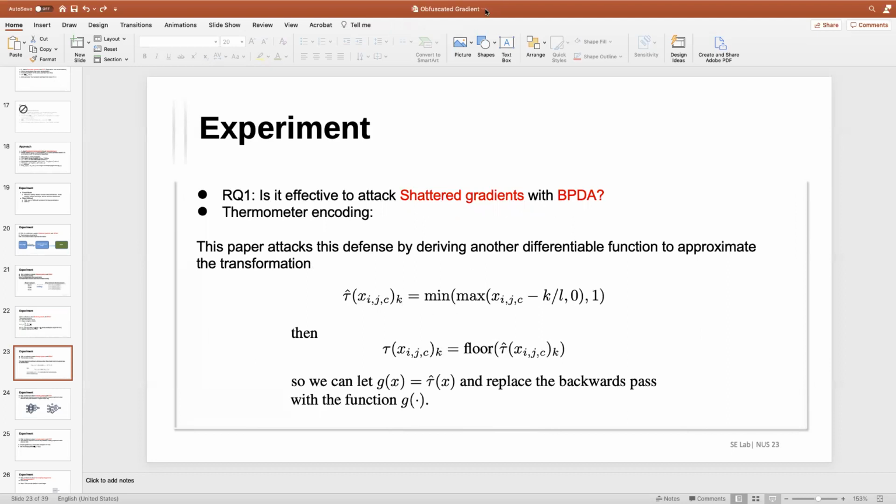The length of tau is L, which is basically 10 here. And the k-th entry of tau is just to take X minus k divided by L, then clip it to be between 0 and 1. Then we take the floor function.